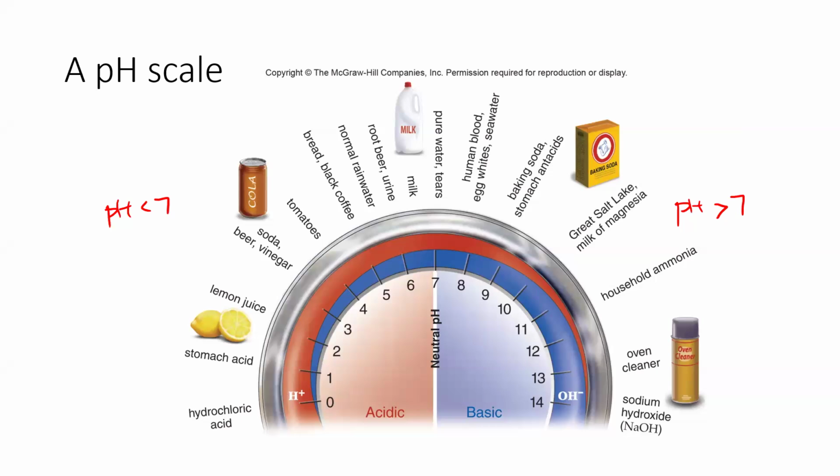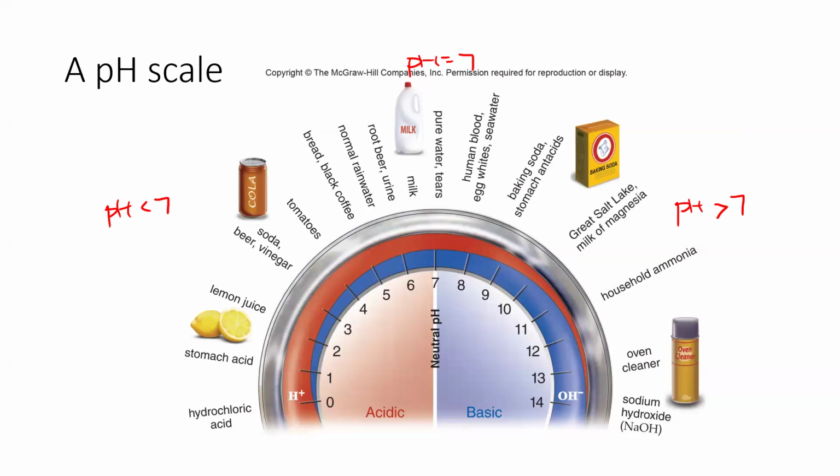Baking soda is a base. And right in the middle, the pH is 7 for neutral things. Pure water is neutral, not the tap water. If you let water sit in the room for a while, the pH actually changes because it takes up carbon dioxide from the air. But pure water is 7.